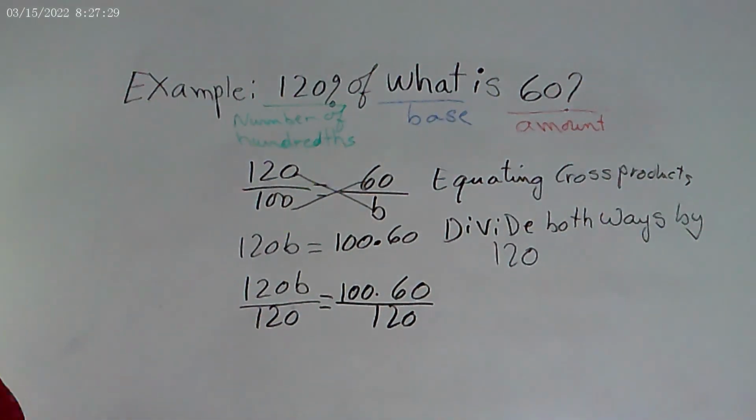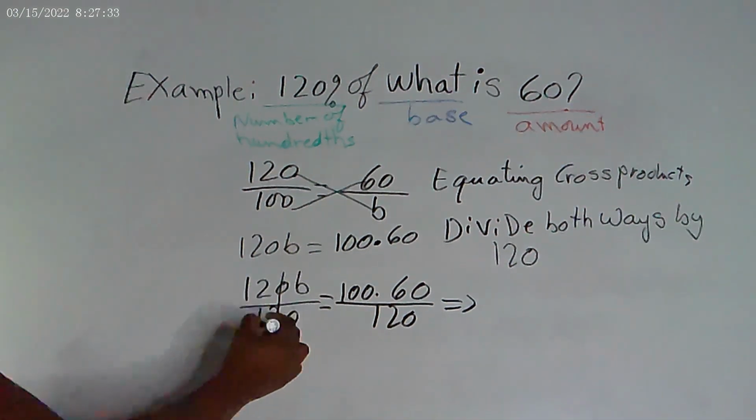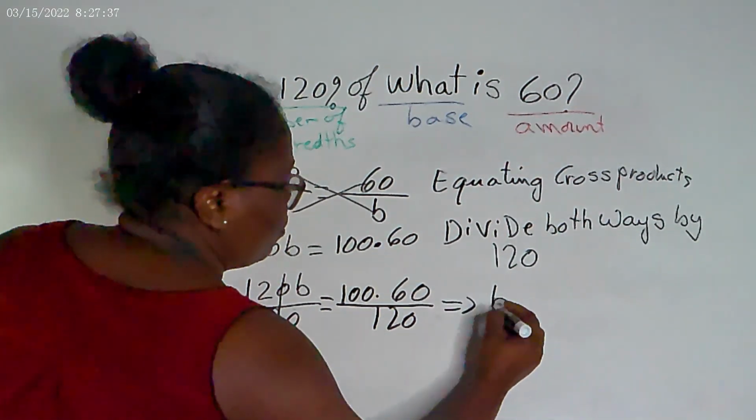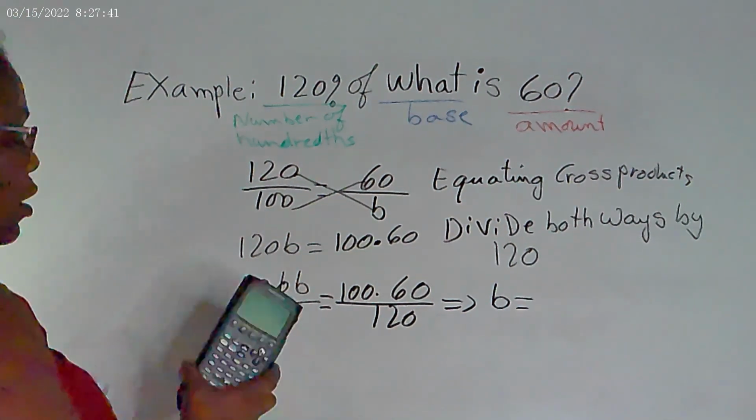So 120 divided by 120 is 1, so you have 1b there. And then right here, let's do this in the calculator.